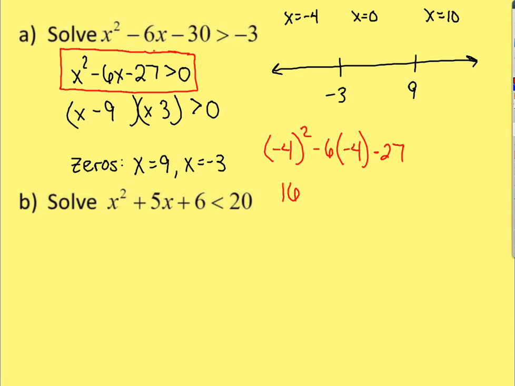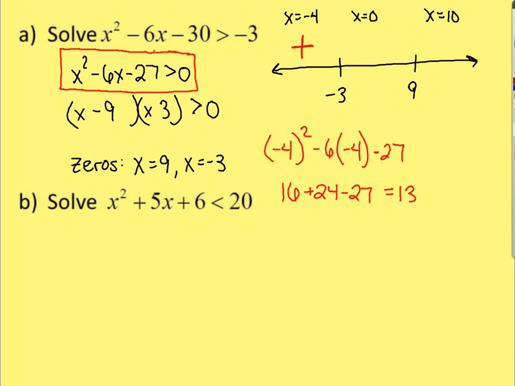Negative 6 times negative 4 gives us a positive 24. And we still have our negative 27. And this is going to give us a value of a positive 13. So for the entire interval that is less than negative 3, we have positive values. So we put a plus on our sign chart for anything that is less than negative 3.